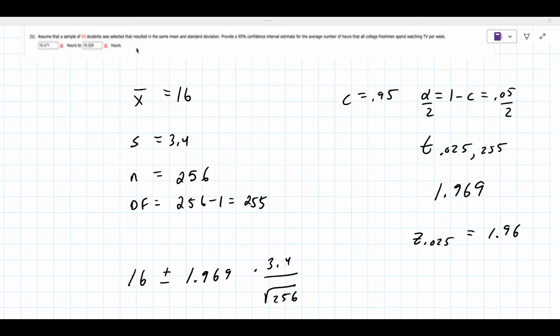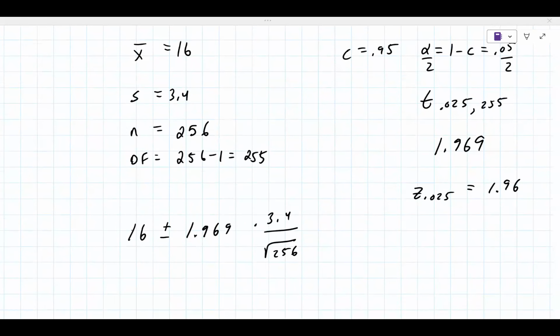So I'm gonna do that calculation now. I was just checking my work. The first time I did 16 plus 1.96, but that was not correct. So I think the 1.969 then over 256. Okay, so I get 15.582 and then 16.418.